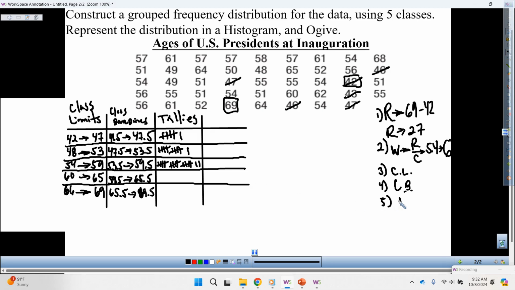So step 5 was tallies. All right. From 60 to 65. All right, pass someone, Jay.